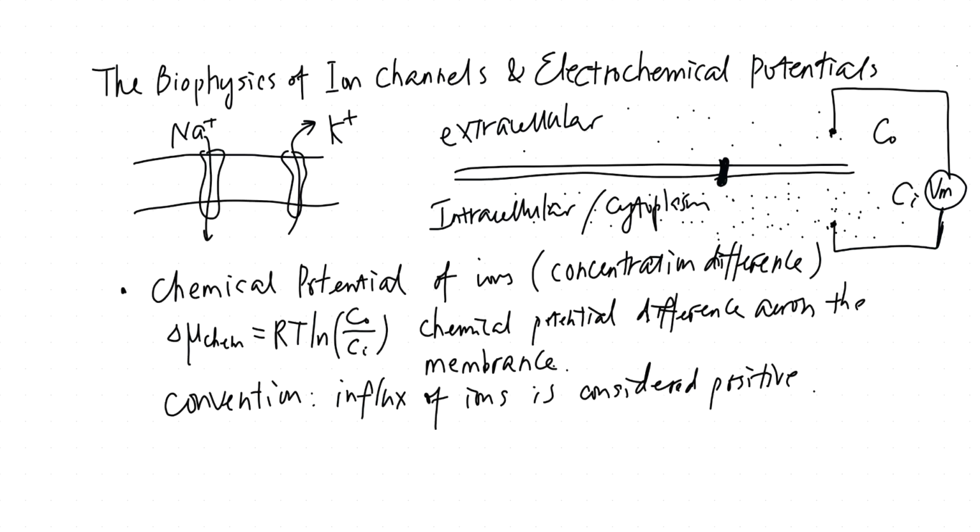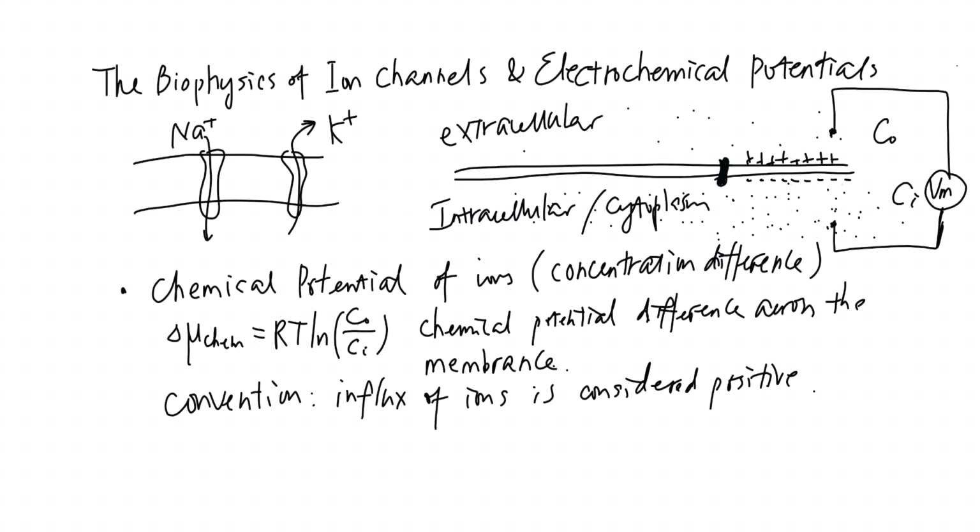However, based on their charge and the membrane potential, if the membrane is negatively charged inside, then it might be positively charged outside. Let's just draw this as an illustration.